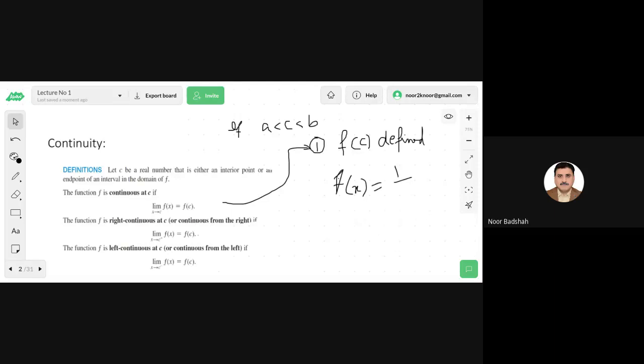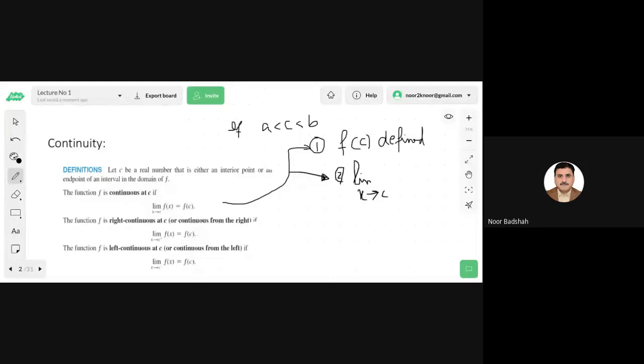Condition number 2, or part 2: I said this equality in fact consists of three parts. The second part is that the limit at this point must exist.